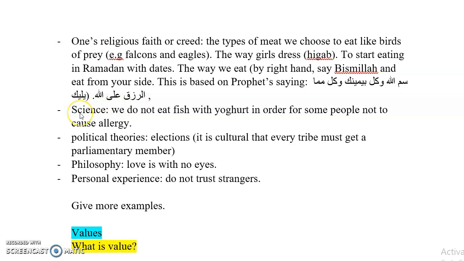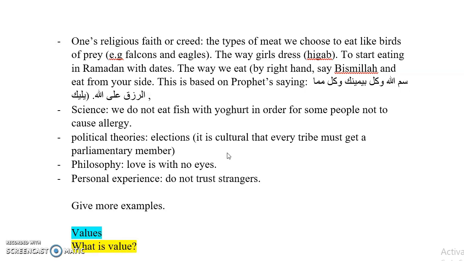Then an example of a belief that has a scientific background is that we find many people who don't eat fish with yogurt because it may cause allergy. For political theories, an example is elections. It is a belief in our mind that every parliament must include one member of every tribe.